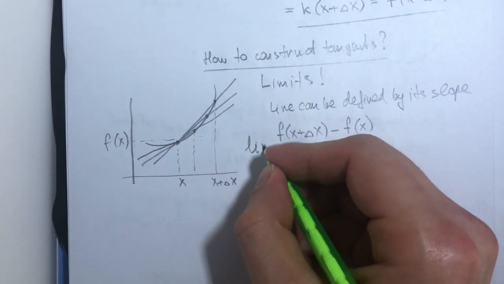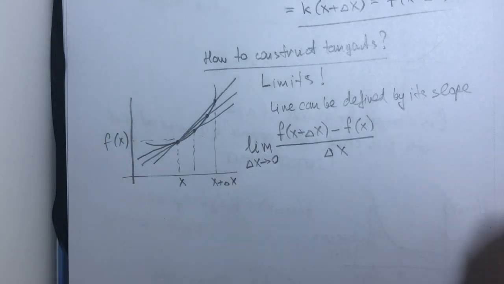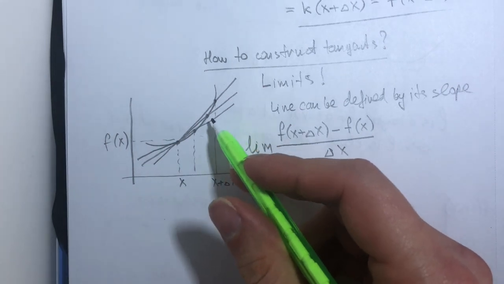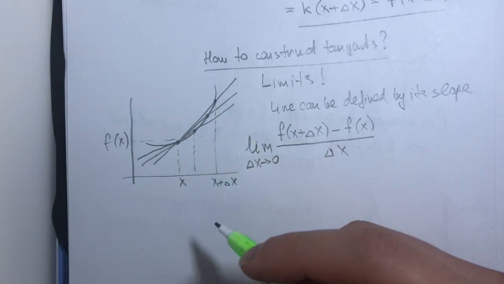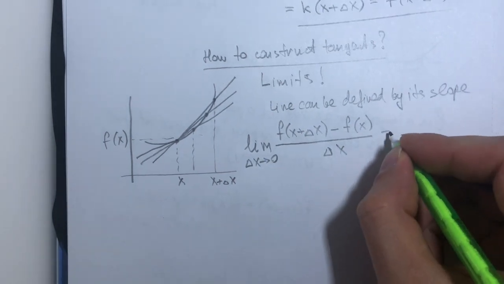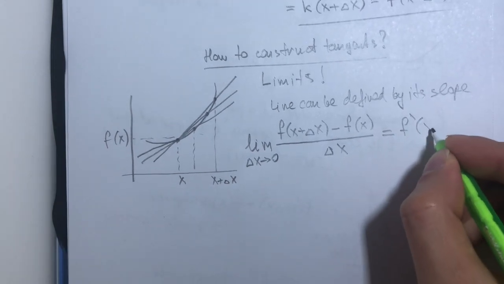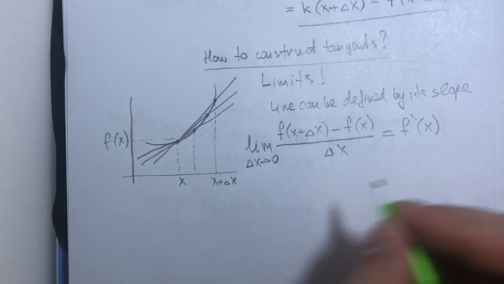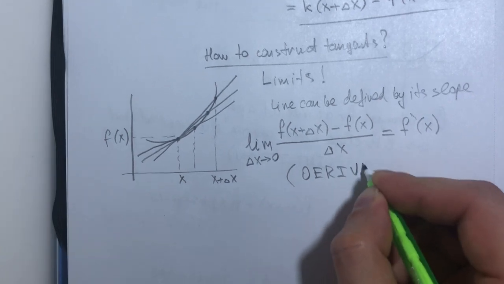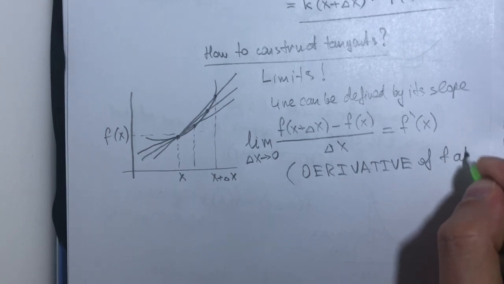So we want to take the limit as delta x tends to 0. And if this limit exists, right, I mean, there are functions for which this limit will not exist, and we'll show it. If this limit exists, we call this limit f prime of a function f at a point x. This is a derivative of f at x.